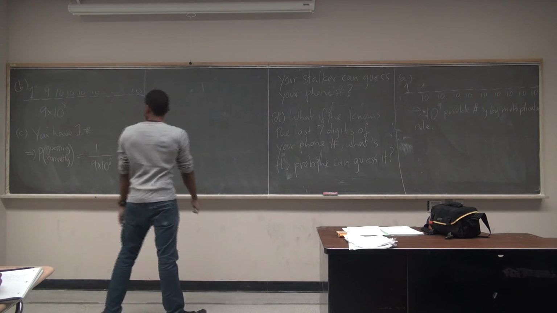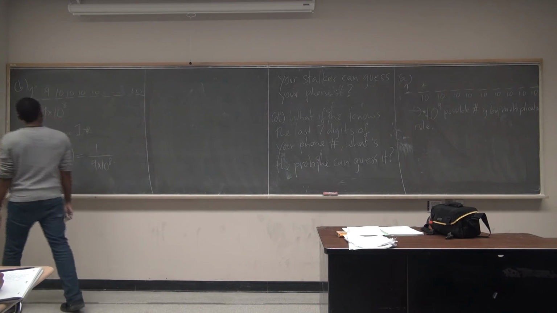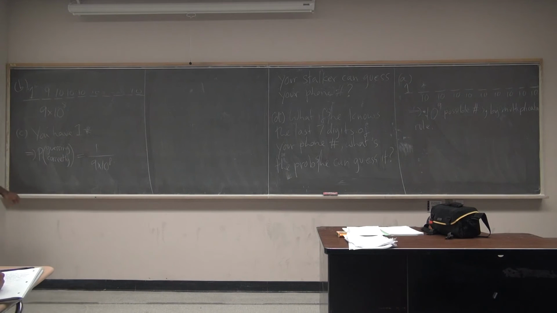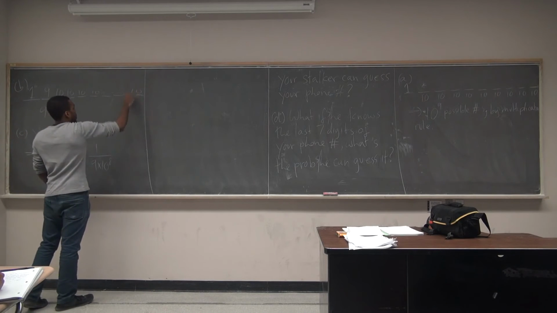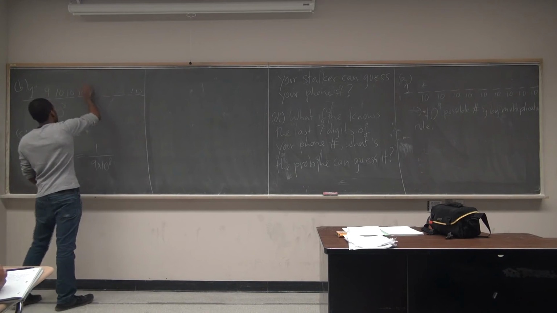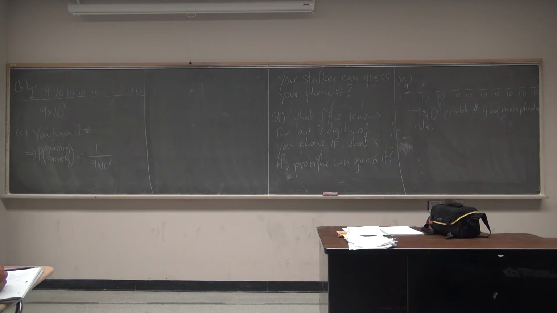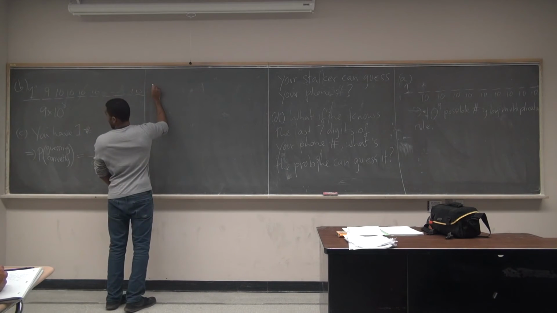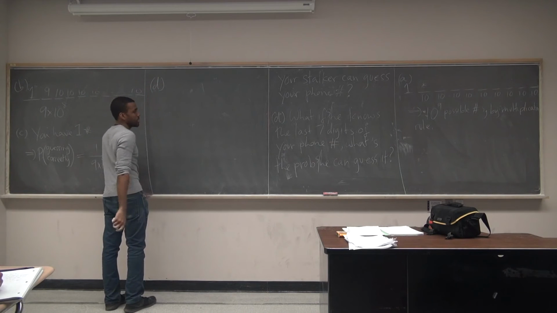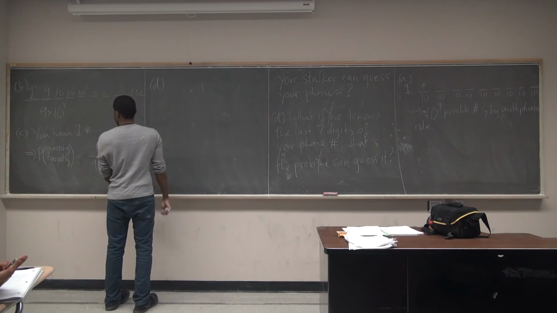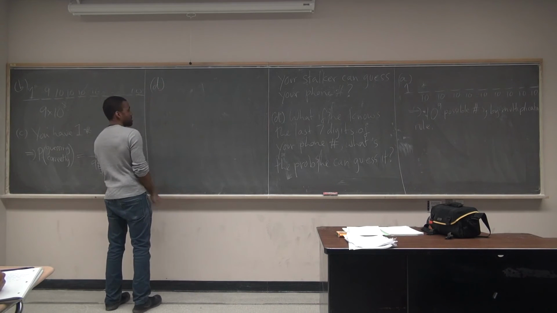What if they know the last 7 digits? It'll be 3, 10 to the 3rd, 10 to the 7. So we have 1, 2, 3, 4, 5, 6, 7. So then he only has to guess what? 90 numbers.